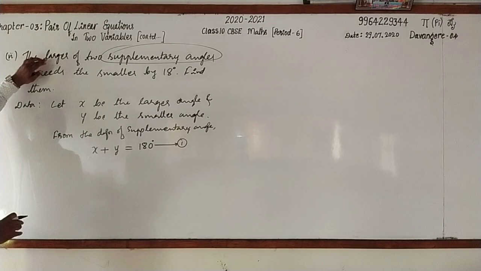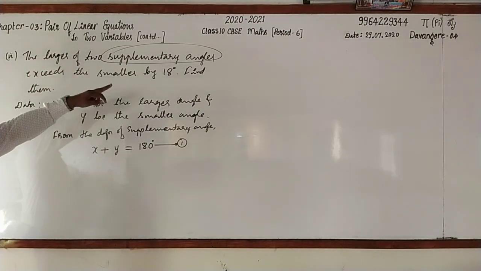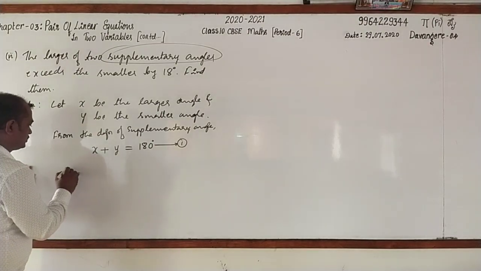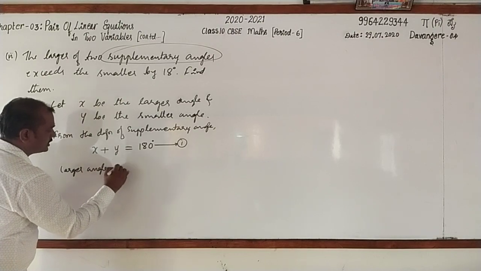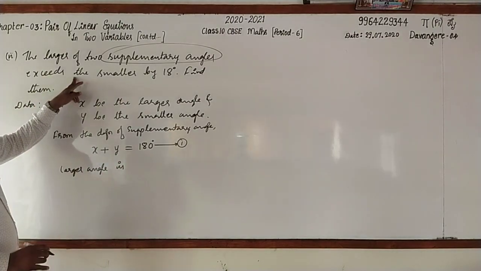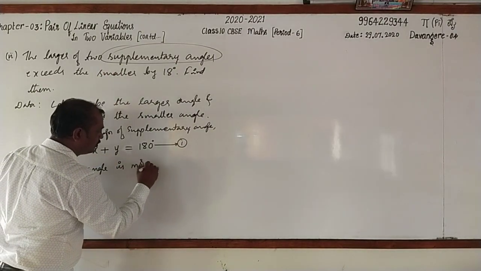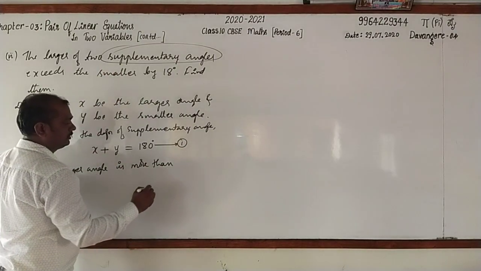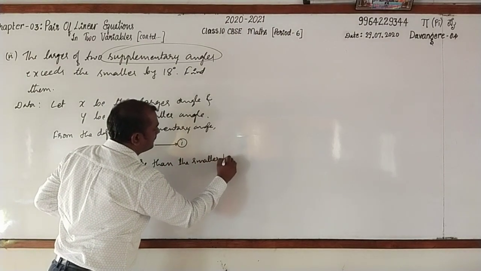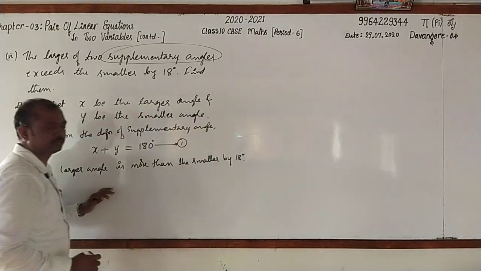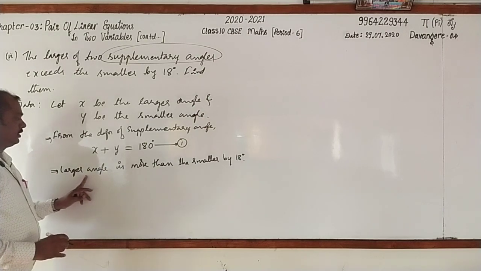Next, observe it. The larger of two supplementary angles exceeds the smaller by 18. So here I'll write: the larger angle is more than, or nothing but bigger than, the smaller angle by 18 degrees.